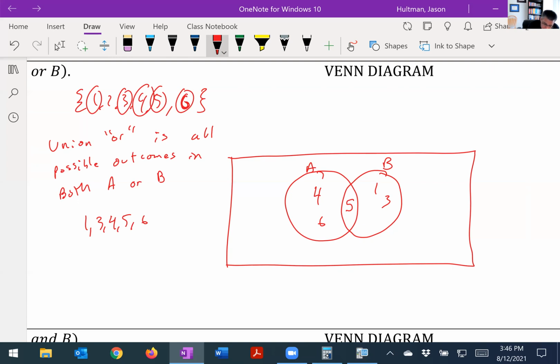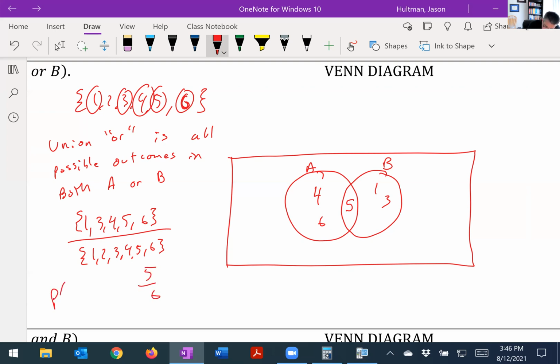That's the desired outcomes. Well, over how many possible outcomes? Well, it's 1, 2, 3, 4, 5, or 6. The only one that didn't get chosen was 2 because it's less than 4 and it's even. So this is going to be 5 outcomes over 6.